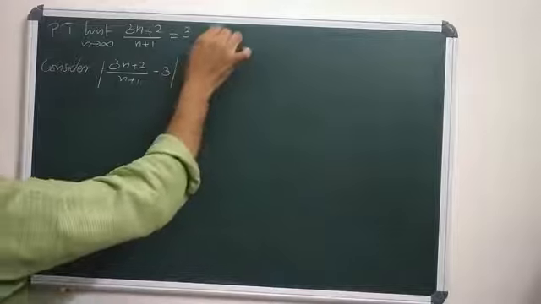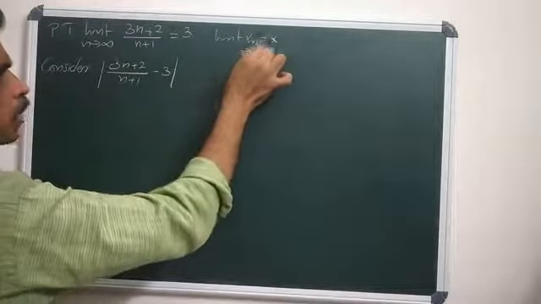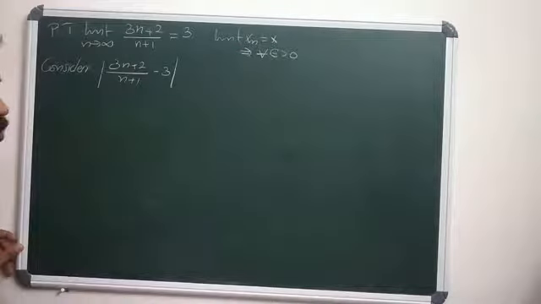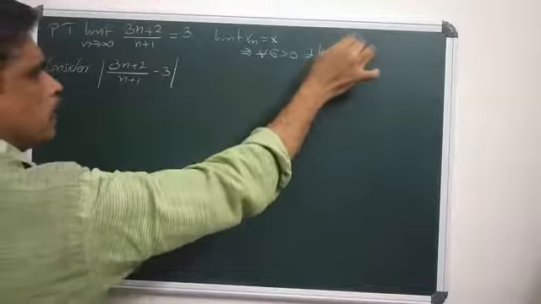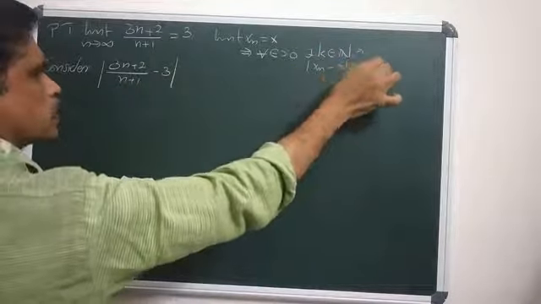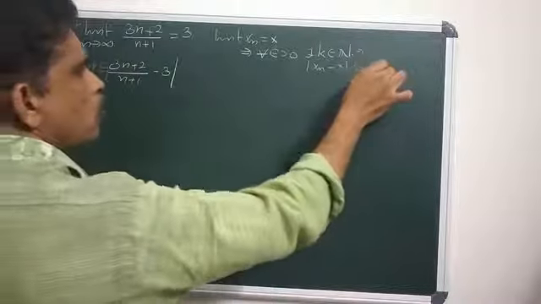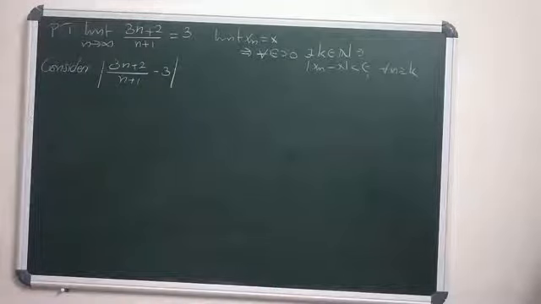Because we know that limit of x_n equals x means, by definition, for all epsilon positive, there exists some k in N such that modulus of x_n minus x is strictly less than epsilon for all n greater than or equal to k. So this is our definition.